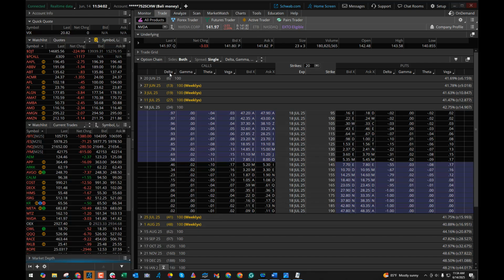Well, gamma really picks up the closer you get to expiration, so that means that those call options that you buy or sell, or put options you buy or sell, can move a lot more unexpectedly than you think they could, based on the gamma. So in other words, as you get closer and closer to expiration, those things can accelerate much faster for or against you. Now it's good or bad.